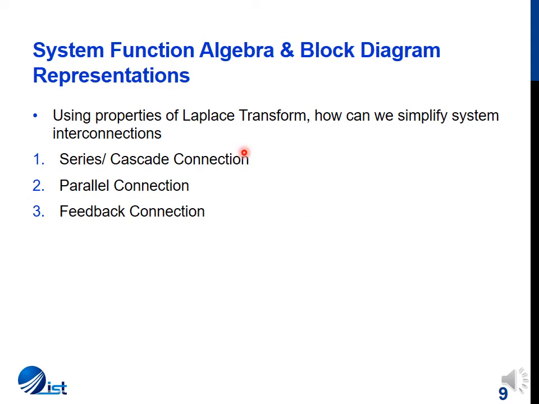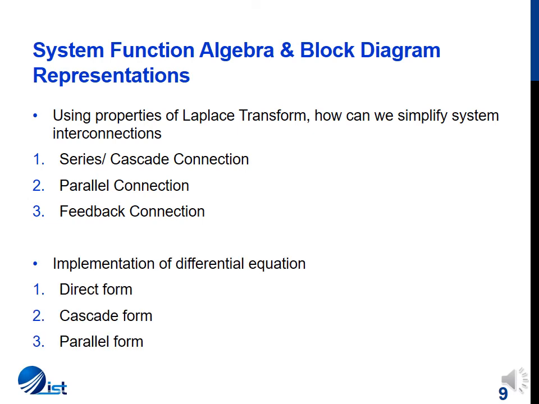We used the first 2 properties to make a block diagram given a differential equation. We saw 3 ways to make a block diagram given the differential equation. The first form was the direct form. In the direct form, we implemented the differential equation in 2 ways.